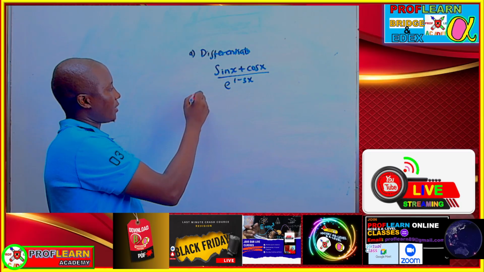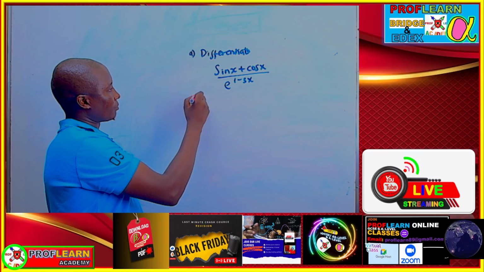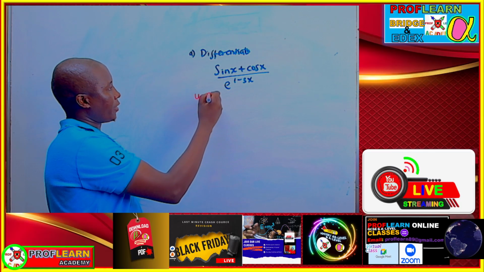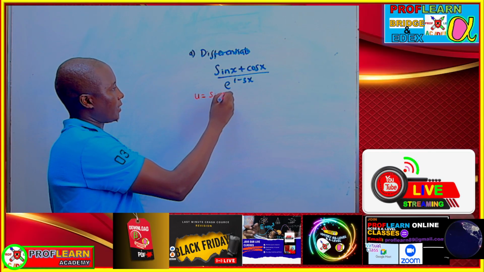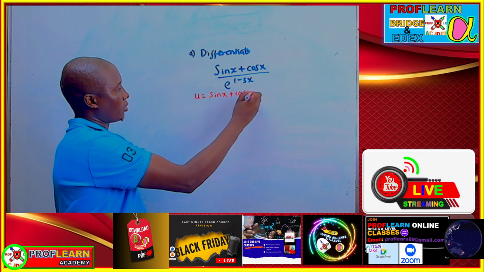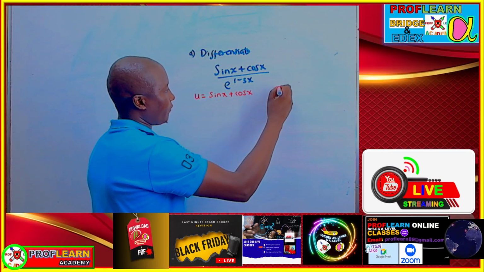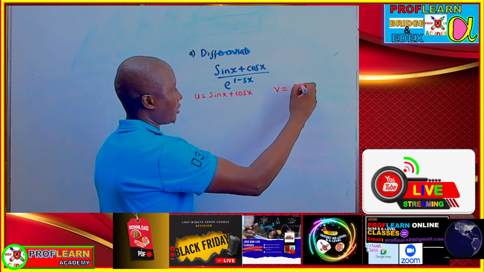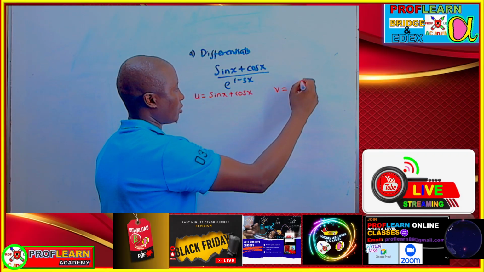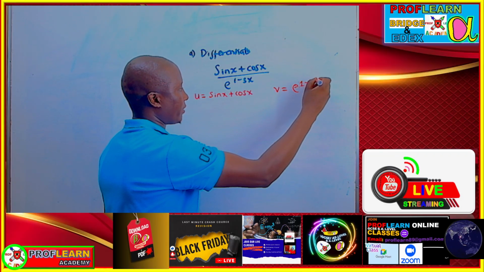So we're going to say u is going to be sin x + cos x. That is u. And then we are going to take v equals e^(1 − 3x).